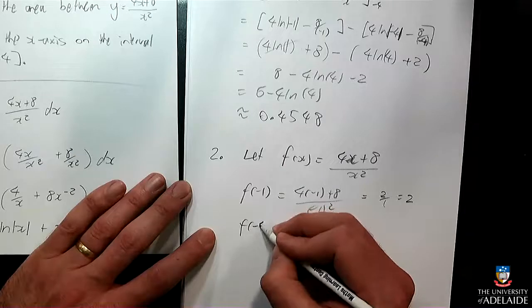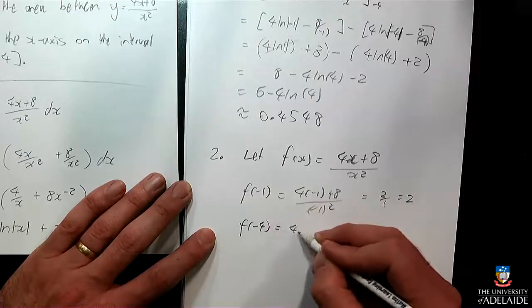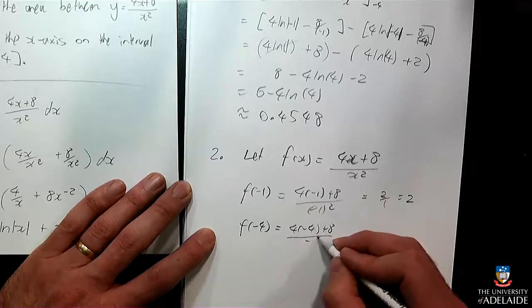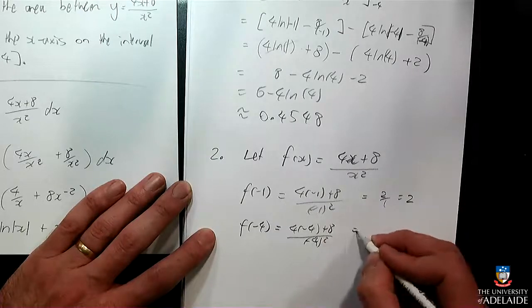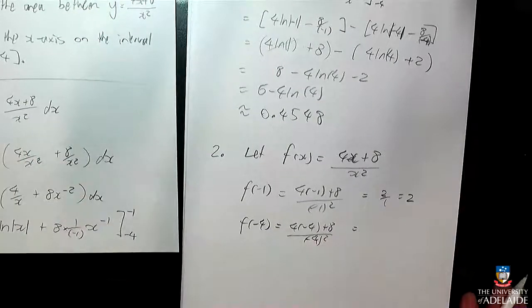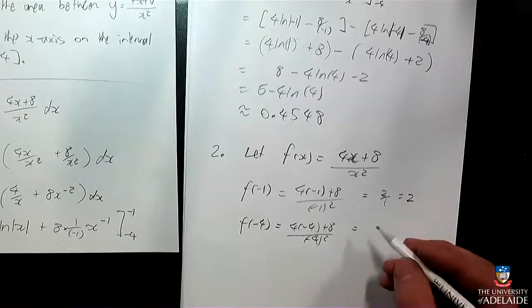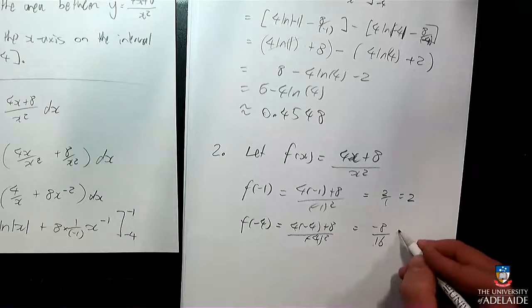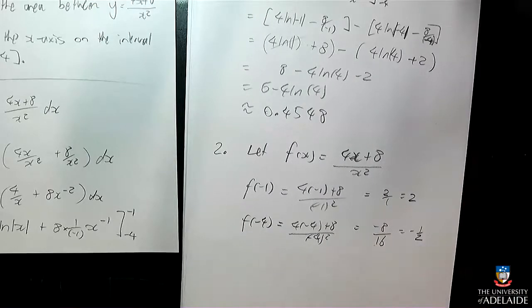And f of minus 4 is 4 times minus 4 plus 8 over minus 4 squared. Now 4 times minus 4 is minus 16. 8 minus 16 is minus 8. Minus 4 squared is plus 16, and so we get minus a half. So it definitely crosses over between 2 and minus a half.